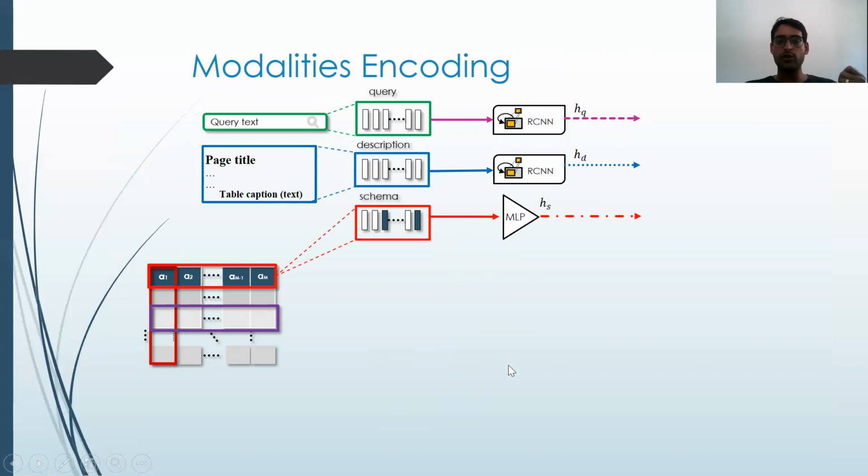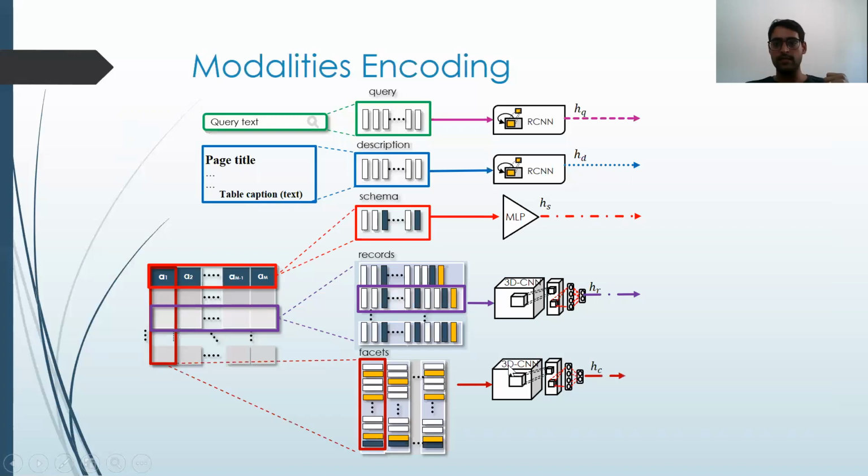Finally, for the records and for the facets, we use a three-dimensional CNN. Recall that in addition to the row dimension and to the column dimension, each of the tokens that represent the data has a multi-dimensional embedding. In this work, we use GloVe, but GloVe can be replaced with BERT, ELMo, and whatever language model you prefer to encode the tokens themselves.